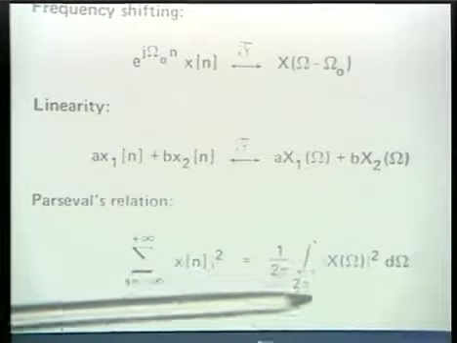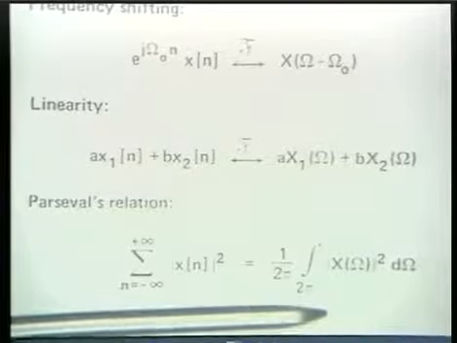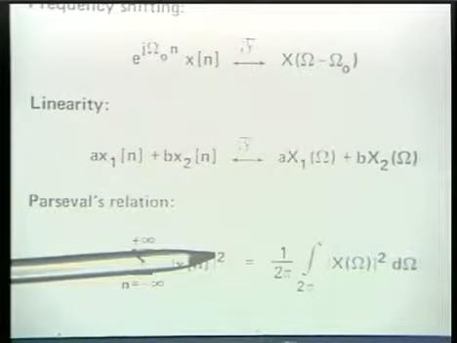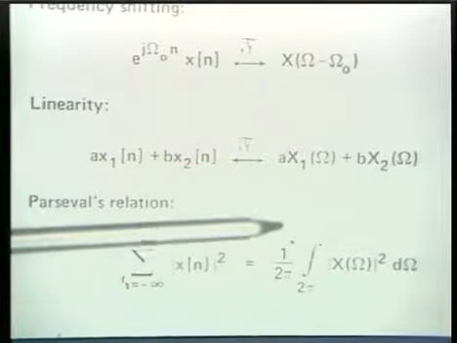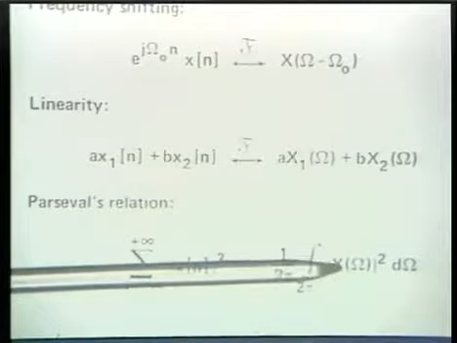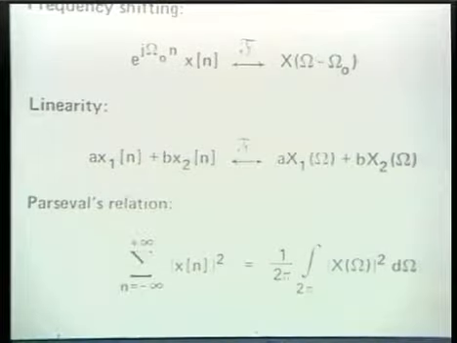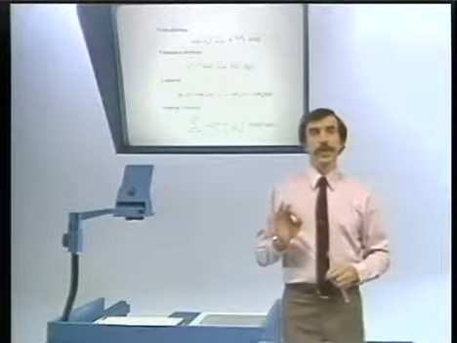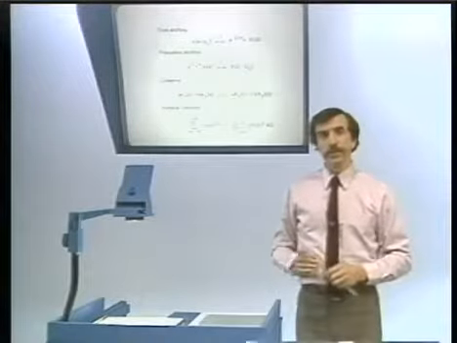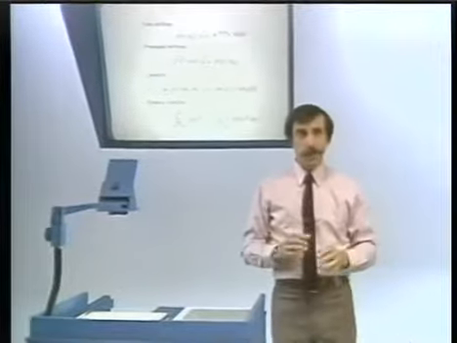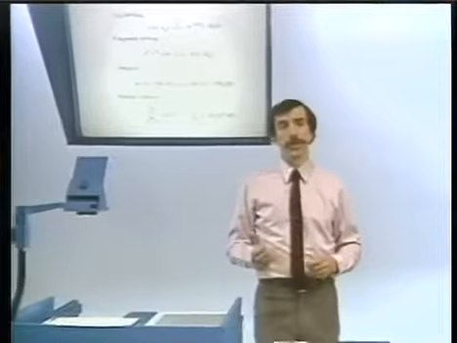Said another way, the energy in the time domain is proportional to the power in this periodic Fourier transform. Okay, so these are some of the properties, and as I indicated, they parallel somewhat properties that we saw in continuous time.